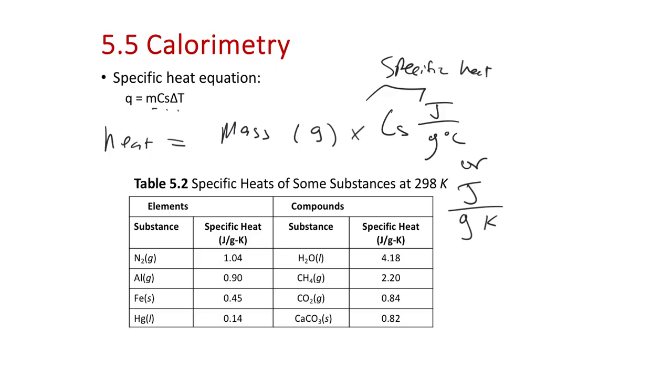I'll talk about the difference in a minute and that they're actually the same unit. And then times our temperature change. Of course, that's T final minus T initial, the final temperature minus the initial temperature.